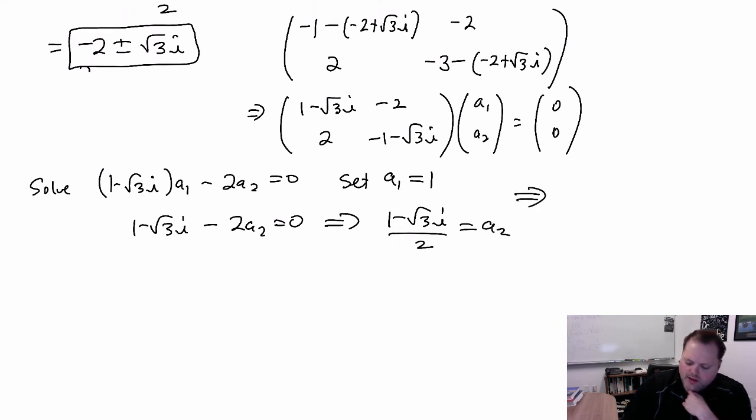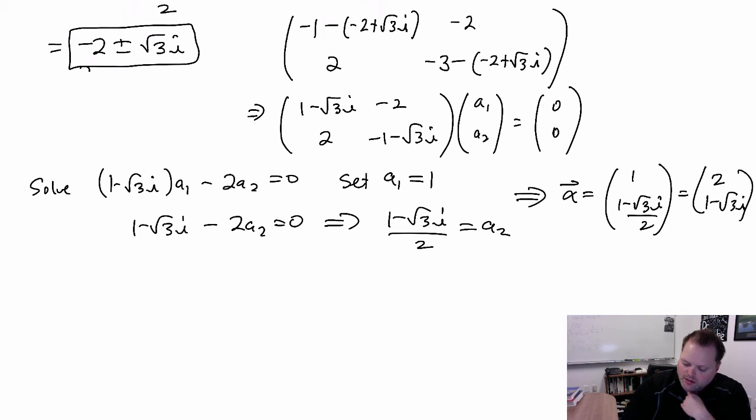So I know that my complex eigenvector is 1 over this, and I should probably multiply the top and bottom by 2 just to make it a little bit nicer.